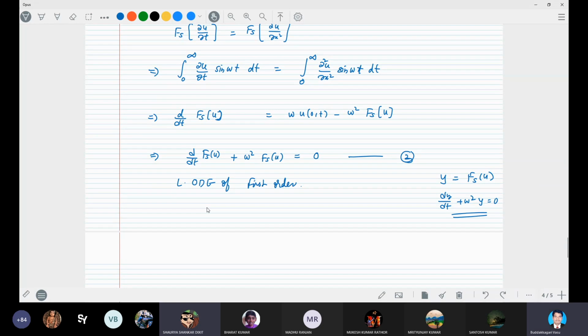Integrating factor is not required. You can directly solve it, directly by separating the variables, right? By solving that, it will give you e to the power minus ω² t, right?